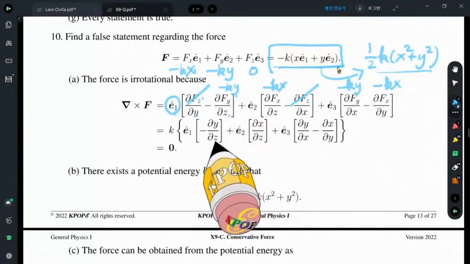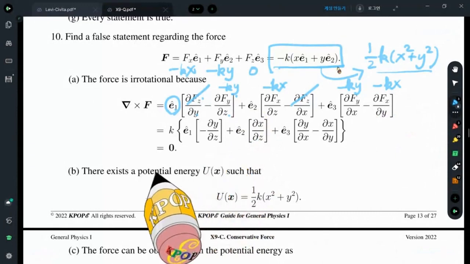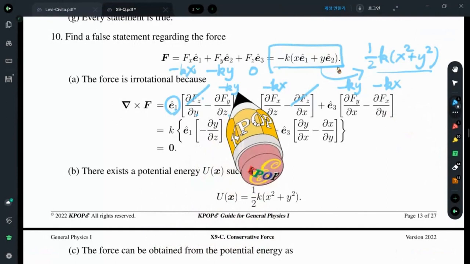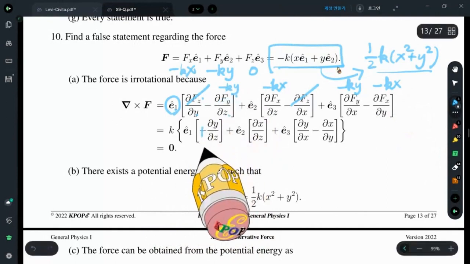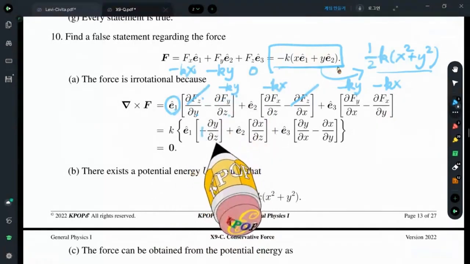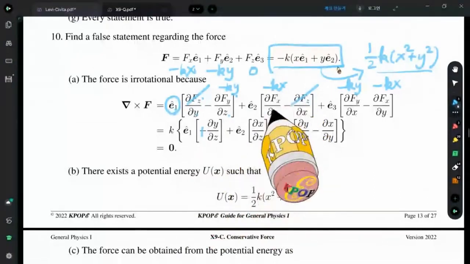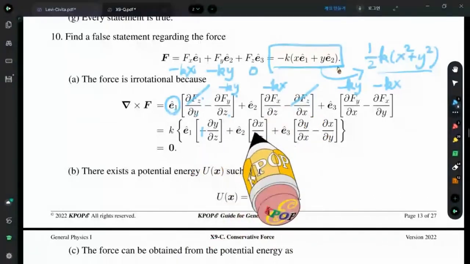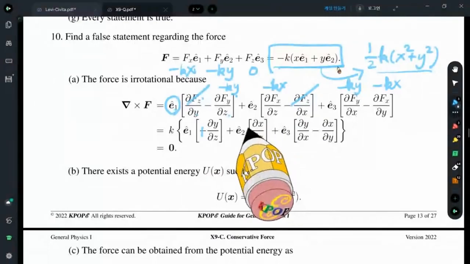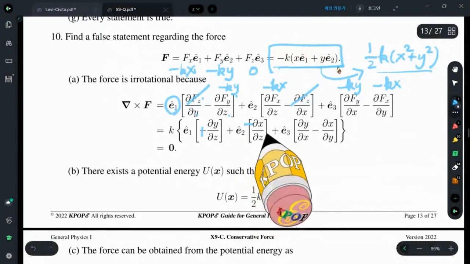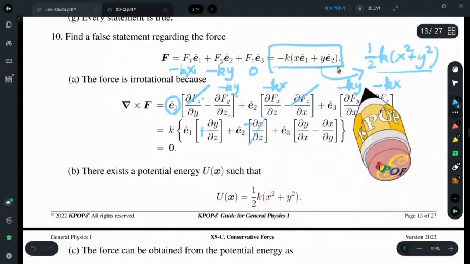So substitute in here. This should be minus ky, so this should be plus whatever. Anyway, this differentiation becomes 0. This is minus kx, but anyway, the xz derivative vanishes.